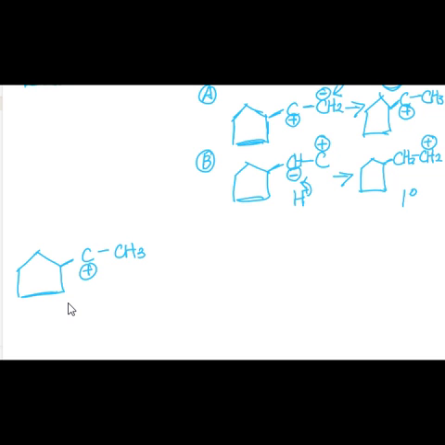Now, the thing is, can it become a tertiary carbocation intermediate? Now, the mechanism behind that is, as long as there is a hydrogen right next to this carbocation intermediate, then this hydrogen can come in and attach or bond with the carbocation instead, right?